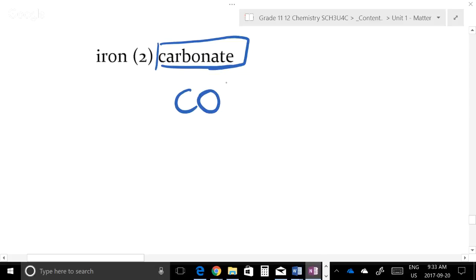CO3. Oh, the charge is 2-. And how many O's are there? Perfect. So like that? Yeah. Great. And then what about the first half of it? What do I do with that? Yeah, and what's that bracket 2 tell me? That's right.